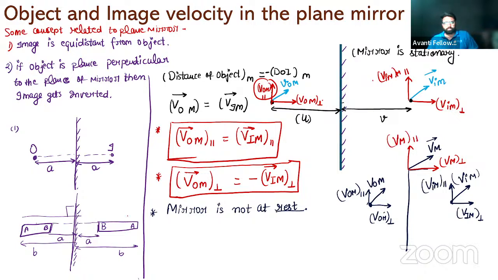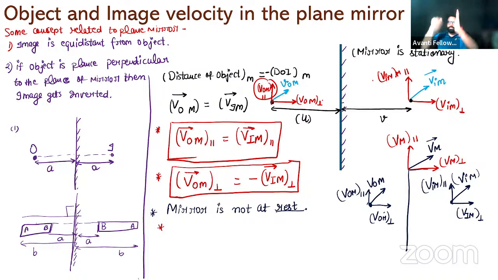Okay. So the concept here is that velocity of image parallel and velocity of object parallel will have no effect of this mirror velocity in the parallel direction. Because as I move the mirror, my object will also move along with it. Okay.